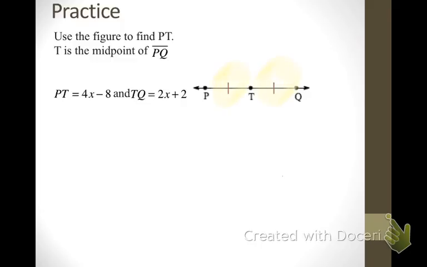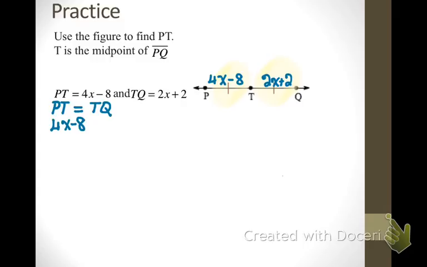All right, so let's label what we know. We know that those two segments equal each other. And we know that the length of line segment PT is 4x minus 8. The length of line segment TQ is 2x plus 2.